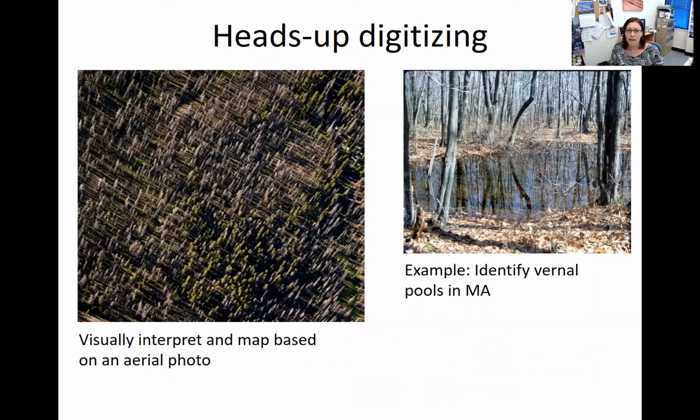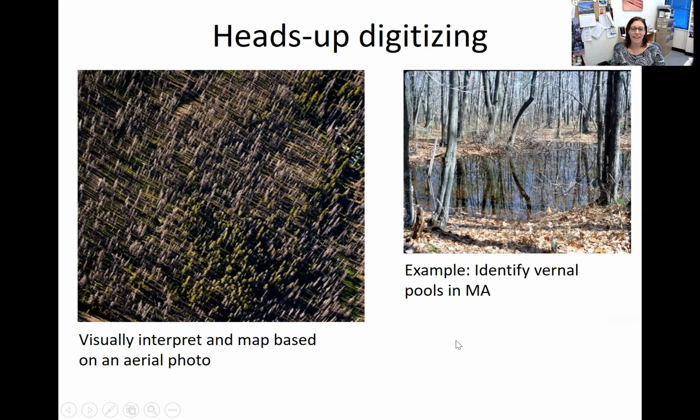The other main way of doing land cover classification is through what's called heads-up digitizing, which is basically where you take an aerial photo and you look at it and you say, all right, I see a vernal pool. I don't see a vernal pool in here, but I see possibilities of a vernal pool.